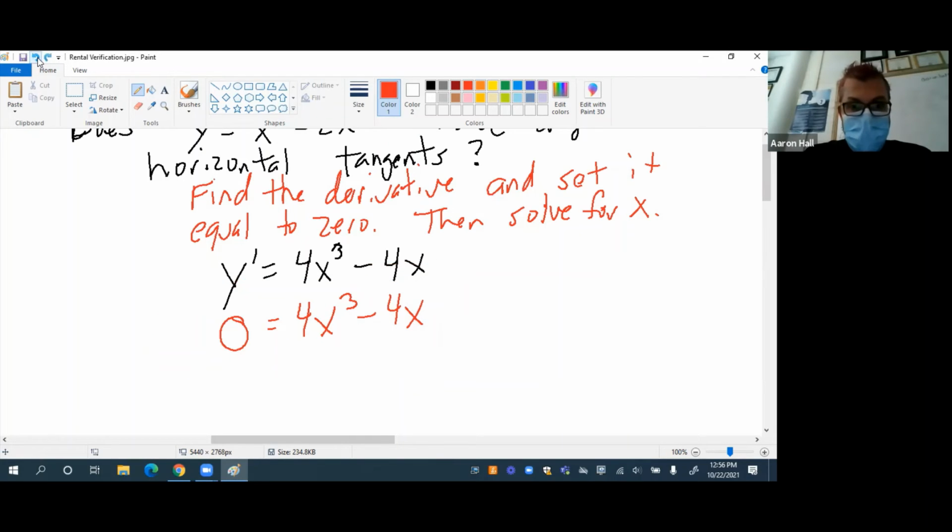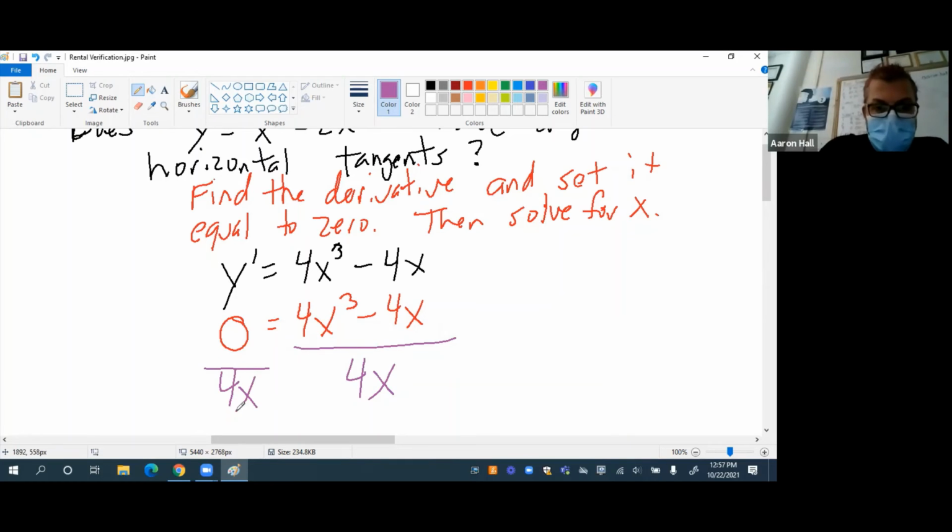We need to factor. What if I divide both sides by 4x? Is that okay? Yeah, you're going to lose values. Do not do that.